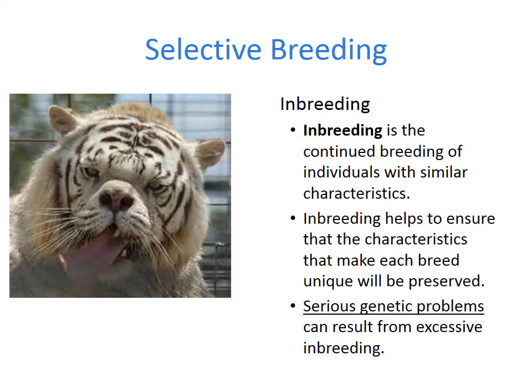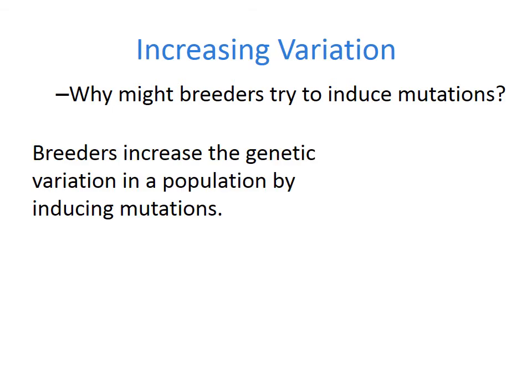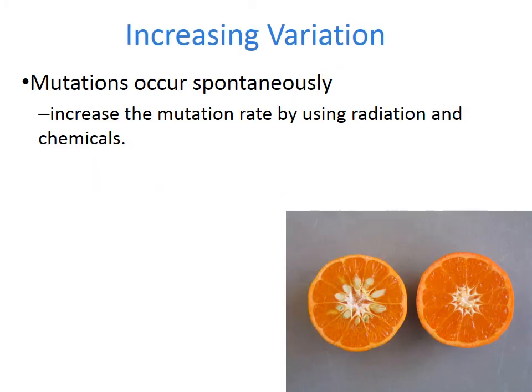Now, another way to manipulate the DNA or to increase variation would be to induce mutations. And there's a couple of ways to induce mutations. Now remember, all mutations aren't necessarily bad. Sometimes, or many times, they're good mutations and they help an organism to survive. So they can increase mutations by using radiation or chemicals.